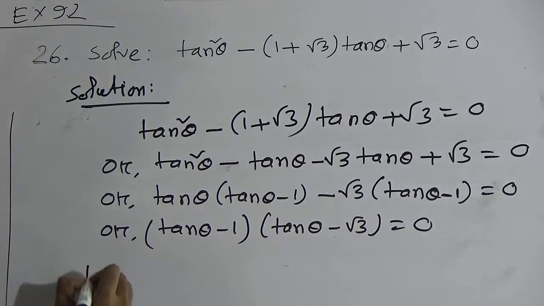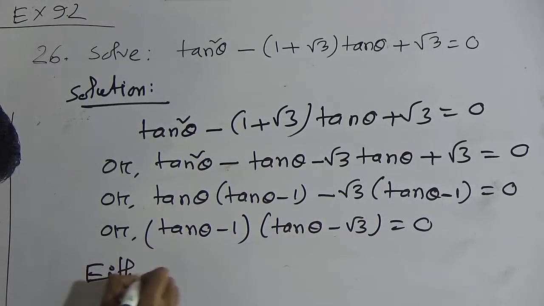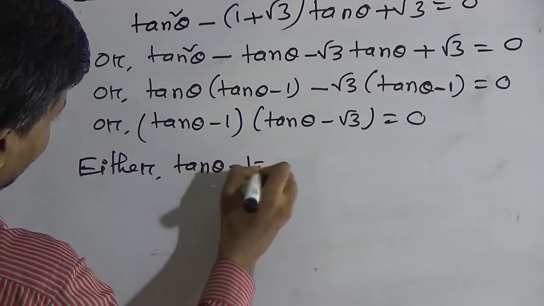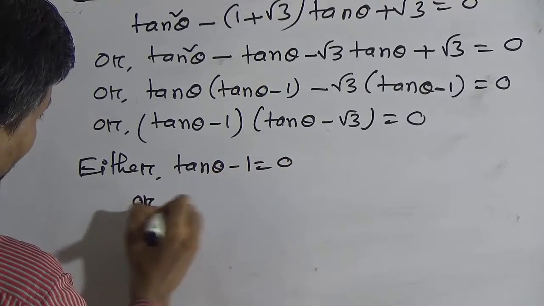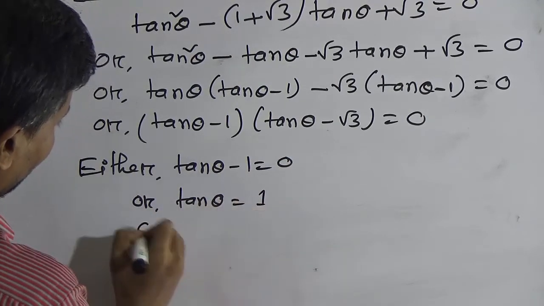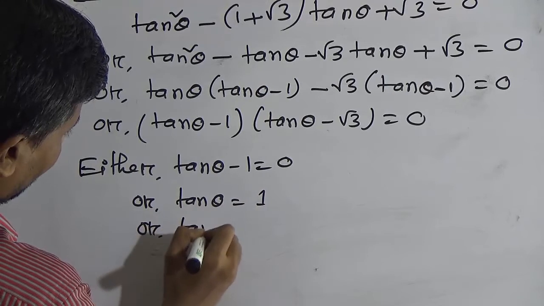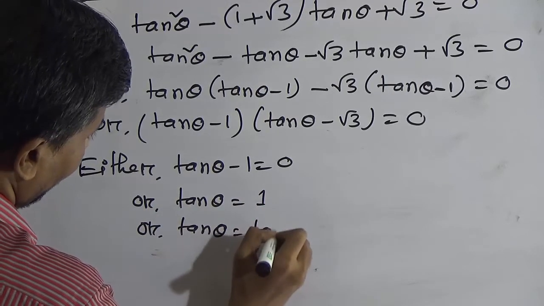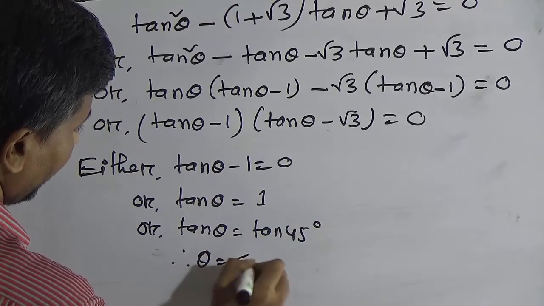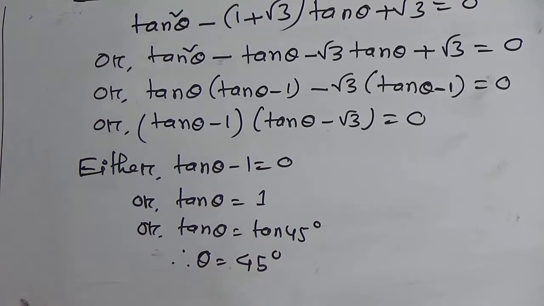Now write, either tan theta minus 1 is equal to 0, or tan theta equal to 1. We know tan 45 degree equal to 1, therefore theta equal to 45 degree.